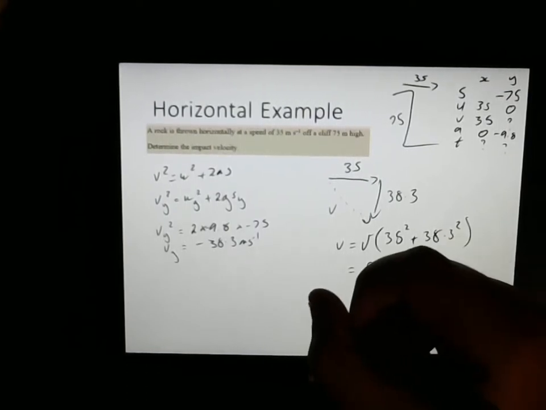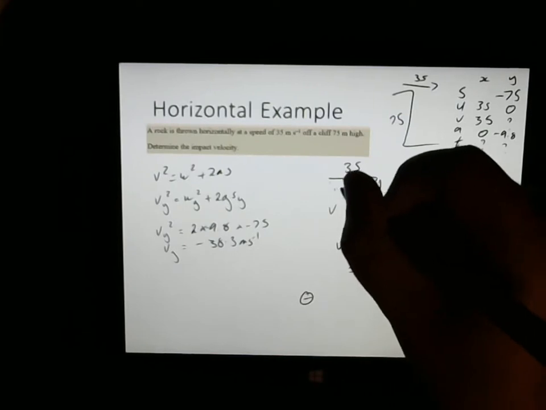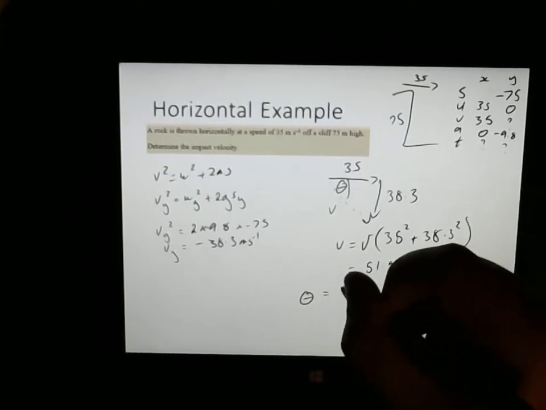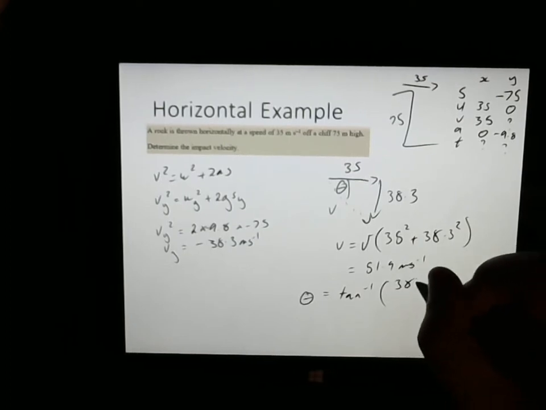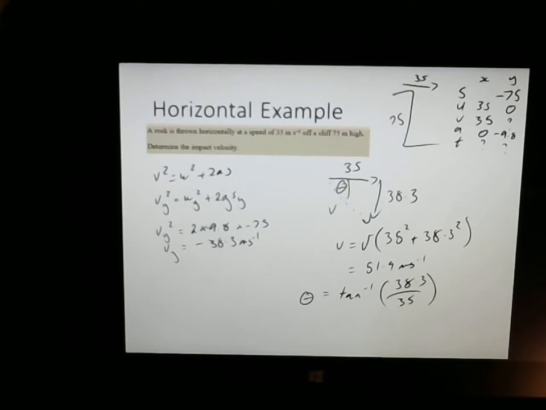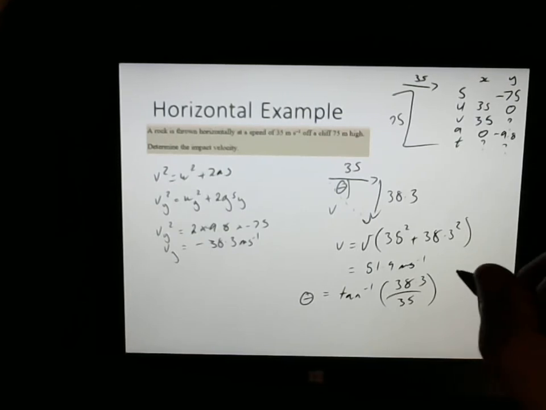This angle in here is going to equal the arctan of opposite 38.3 over adjacent 35. 38.3 divided by 35. Take the arctan of that answer. We get 47.6 degrees.